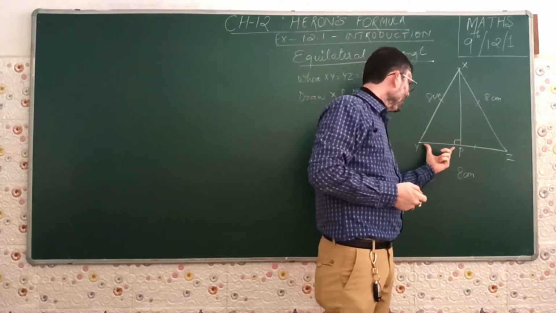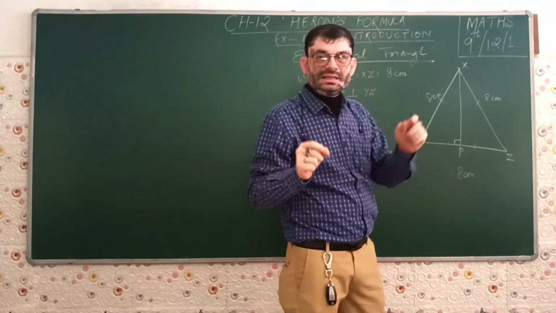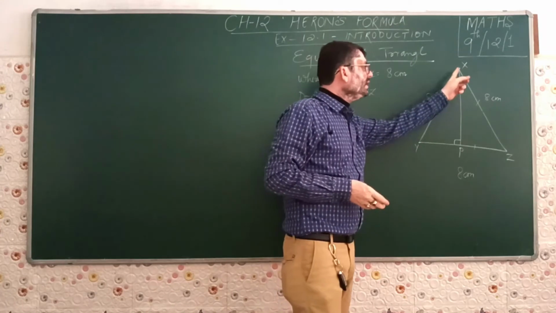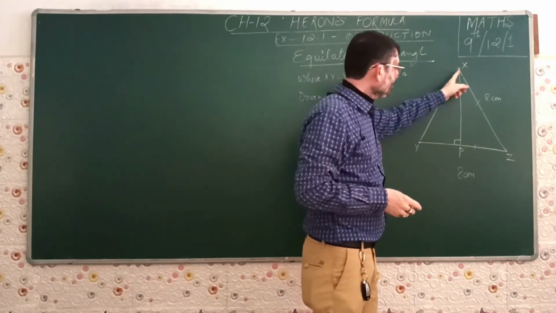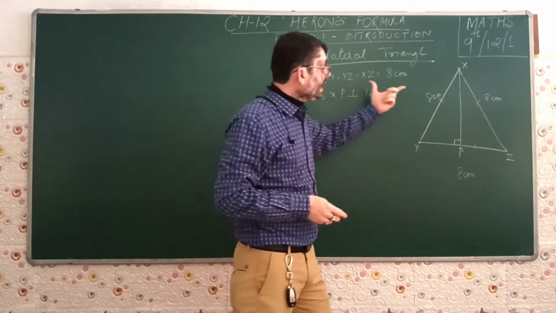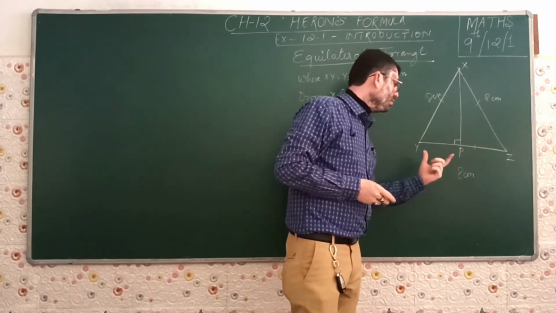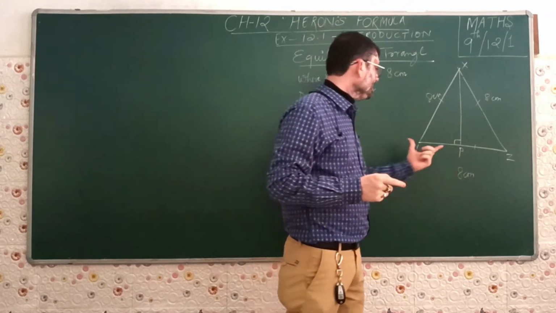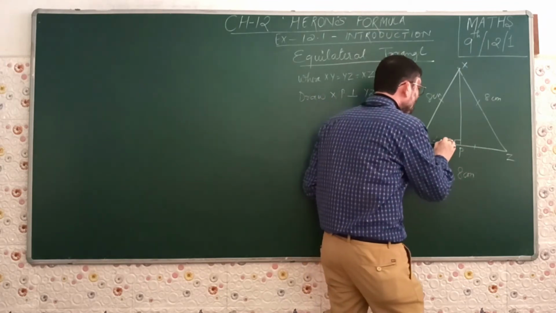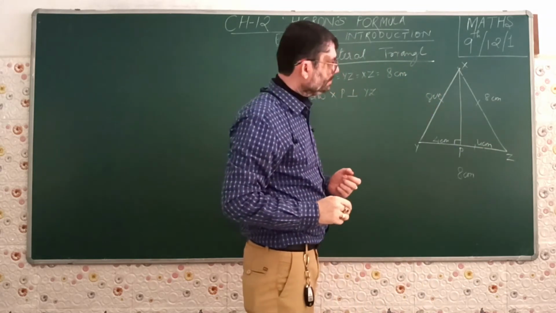That means here we will have YP equals PZ. Since we have drawn the altitude XP by our construction, that altitude also behaves as a median dividing YZ into two equal parts, YP and PZ, and the total was 8 centimeters, so each will be 4 centimeter.